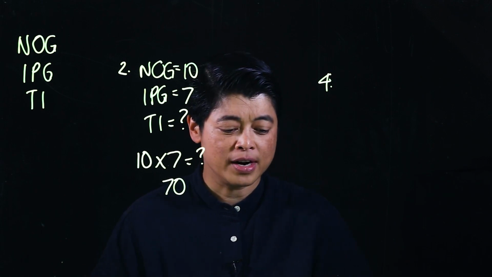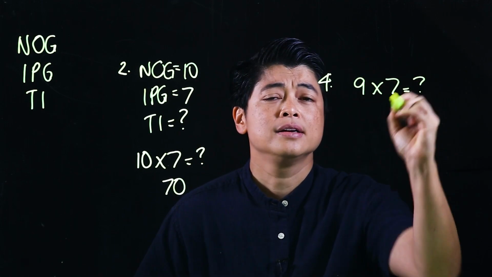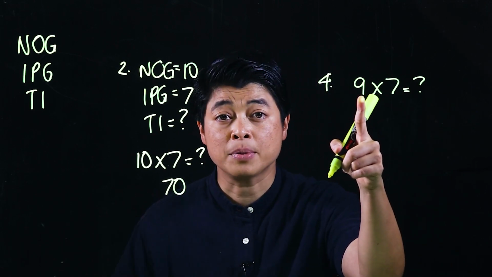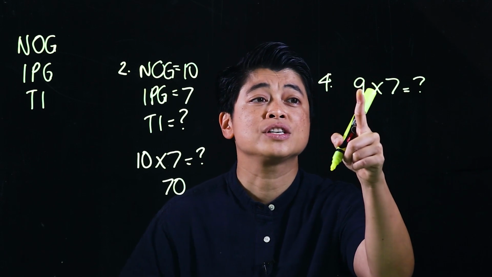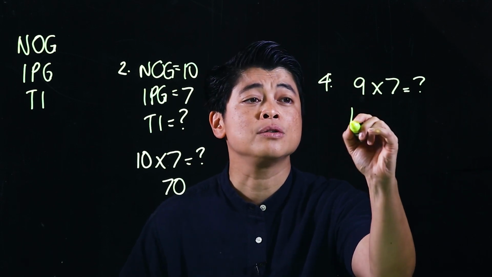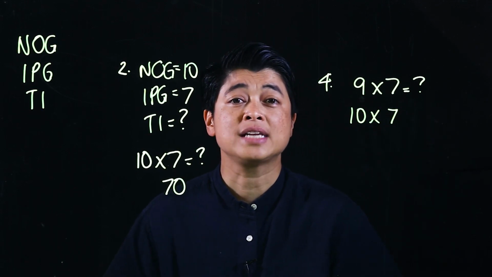Okay, so problem 4 says, what is 9 times 7? Their goal is to select between the number 5 and the number 10, which this is closest to. 9 clearly is closest to 10. So we start with 10 times 7.